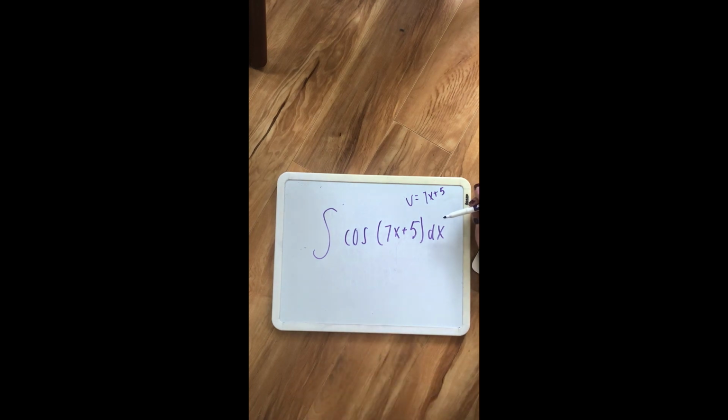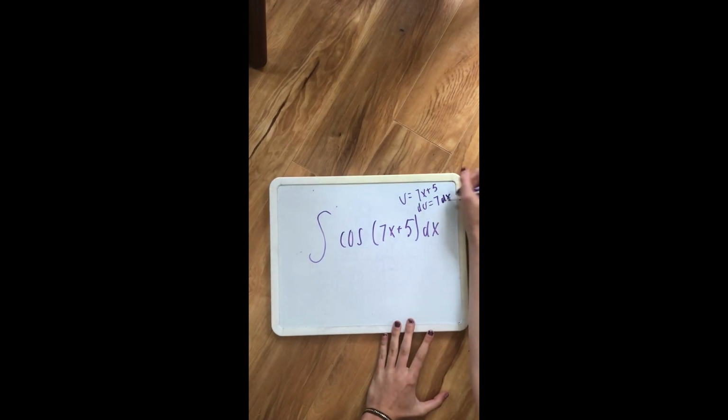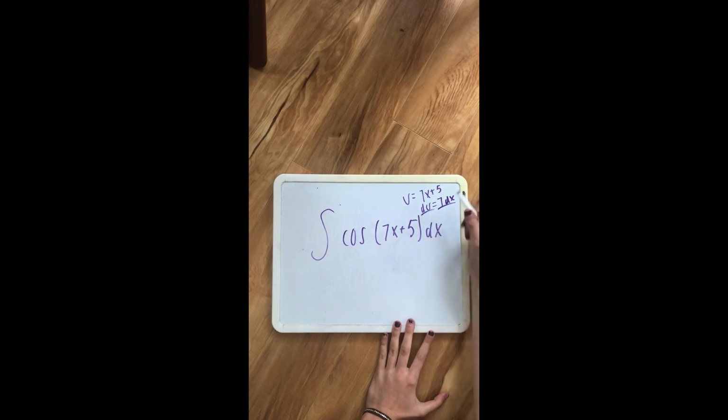Then we find the derivative of 7x plus 5 and we make that du. Then we solve for dx, so you just divide and get 1 over 7 du, which equals dx.